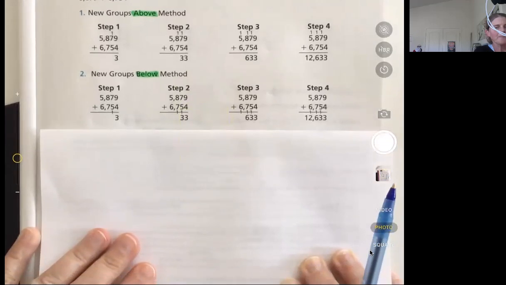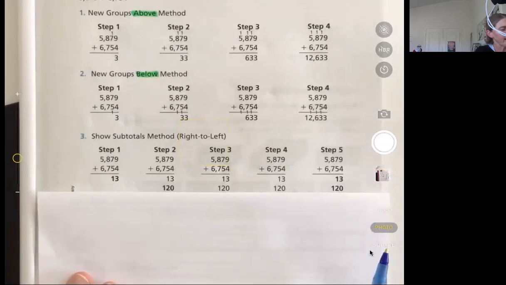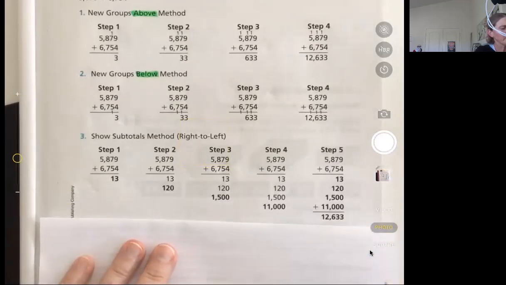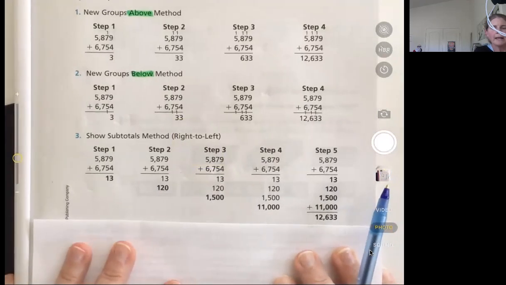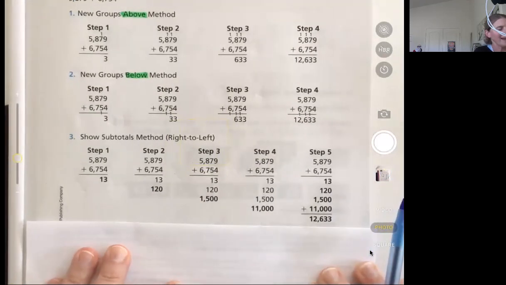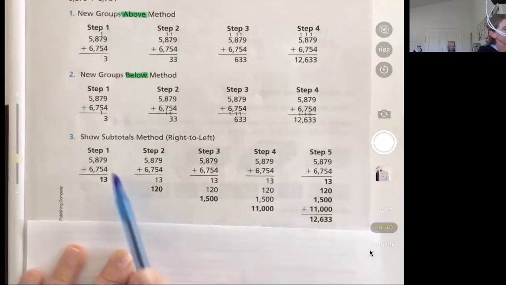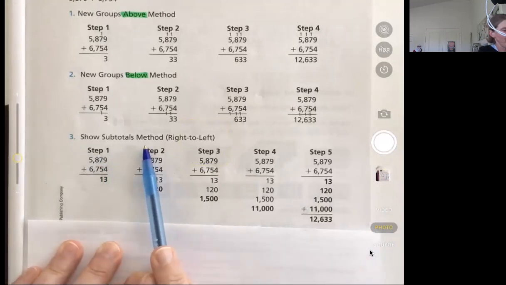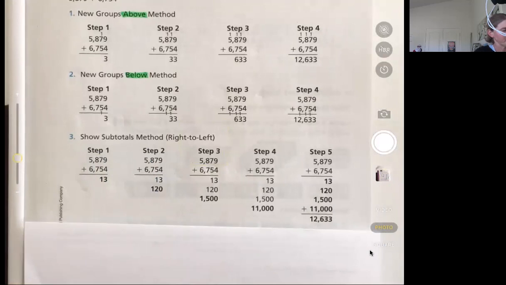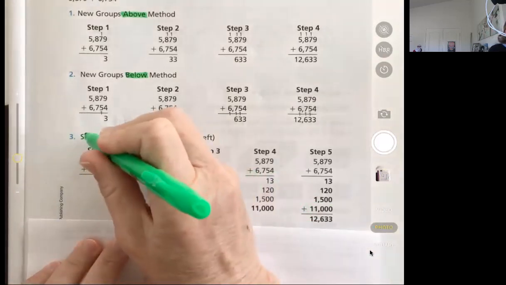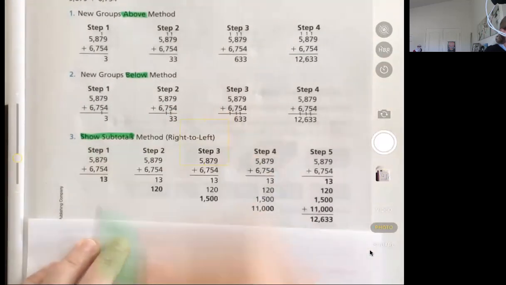And finally, the third way. This one is a little bit more drawn out, but it's really nice and helps you line everything up. This is the show subtotal method, right to left. So let's highlight that. Show subtotals.